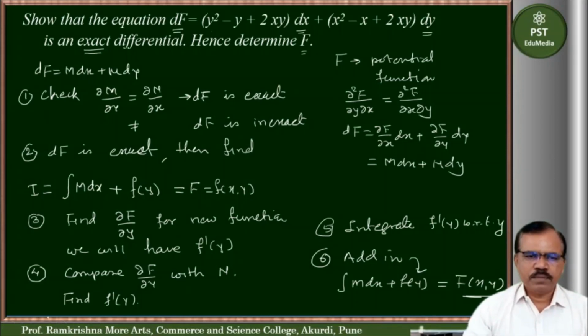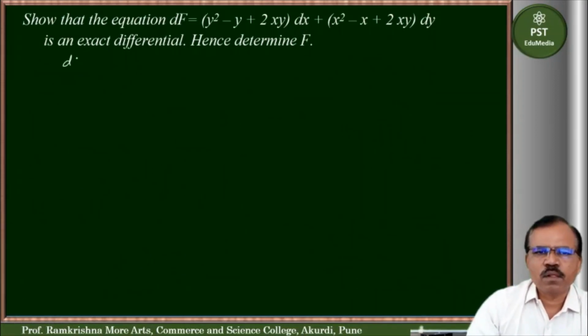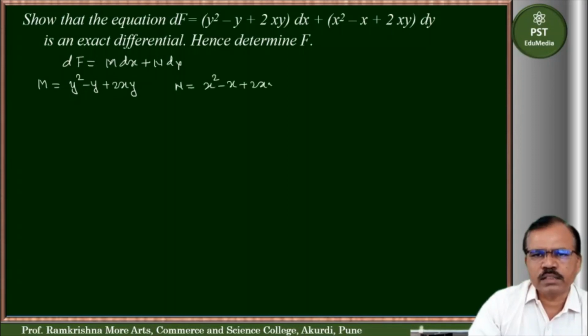So here we have the differential given, that is df is equal to m dx plus n dy. Here m is equal to y square minus y plus 2xy, and n is equal to x square minus x plus 2xy. So we'll find here del m by del y.